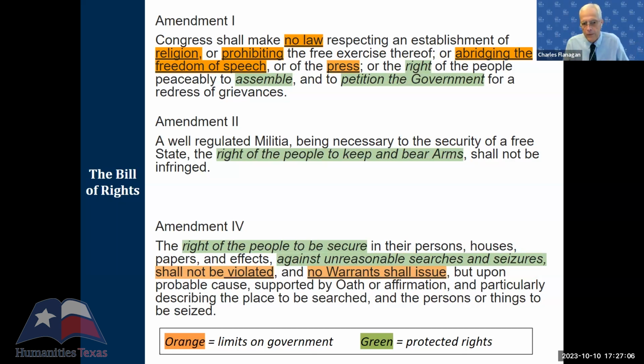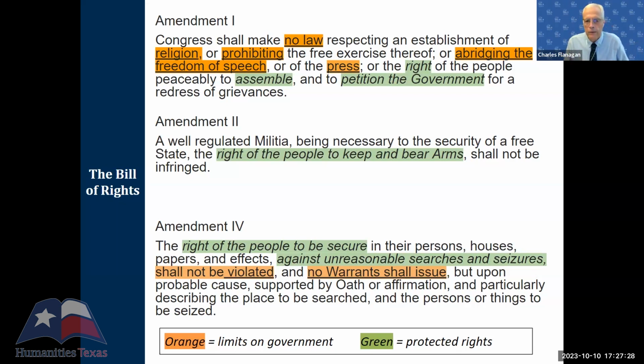So if we look at Amendment 1, for example, people will sometimes tell you, if they're thinking just off the cuff, that the Bill of Rights was created to respect an individual's freedom of worship. And you say, okay, that might be how we generally think of it, but let's look at the actual language.